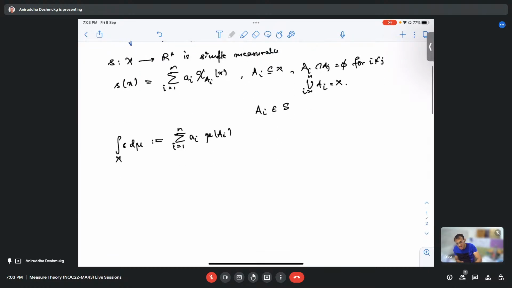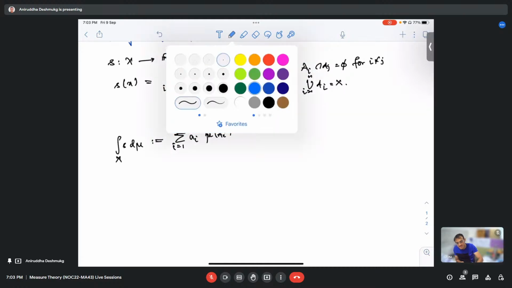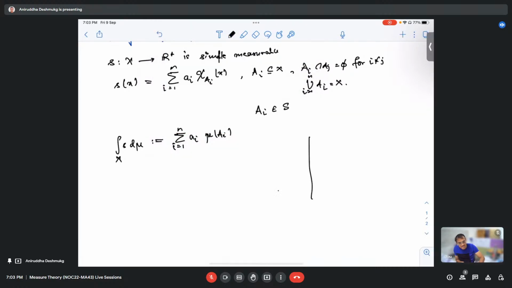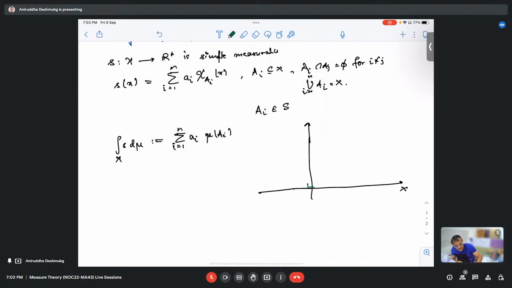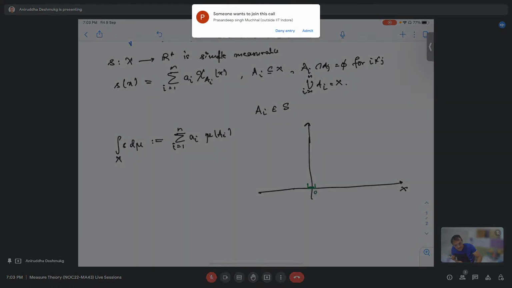So it is quite natural to define it this way, because what we are essentially doing is, say this is our set X, and this is the non-negative real line. Of course, it starts from here. This is the 0 point.